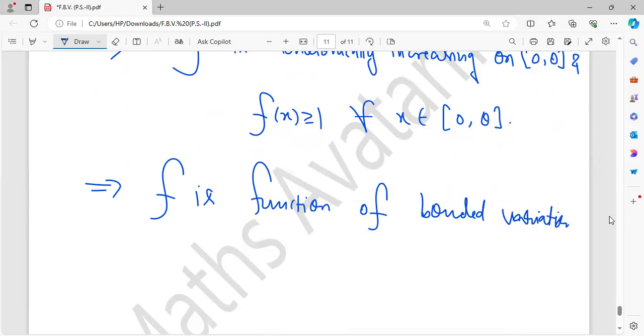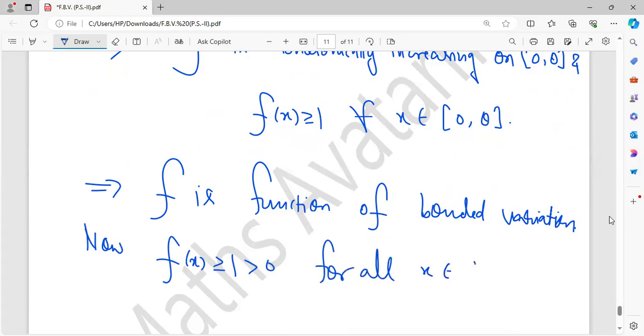Now f(x) is greater than or equal to 1, and this is greater than 0, for all x belonging to [0, theta]. So this implies 1 upon f is also a function of bounded variation.